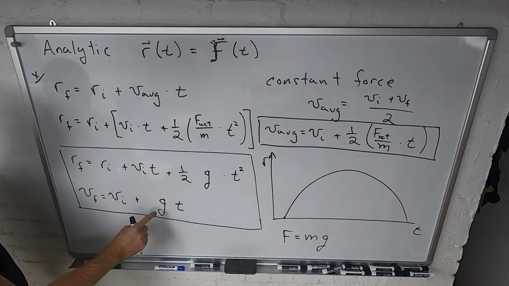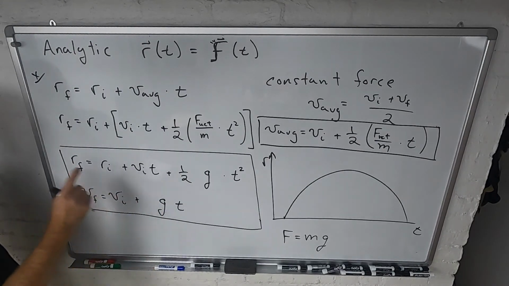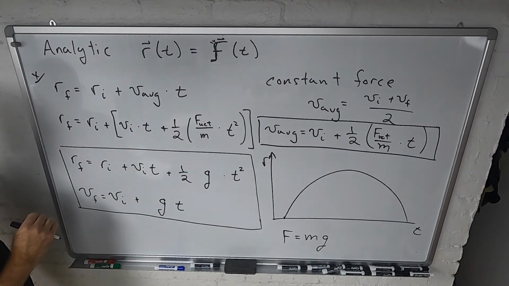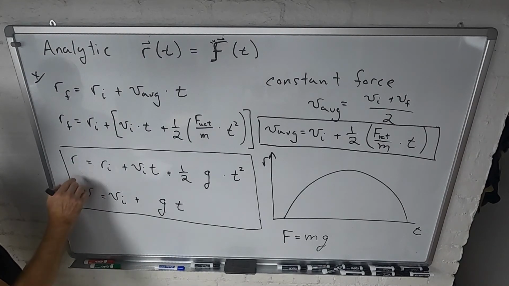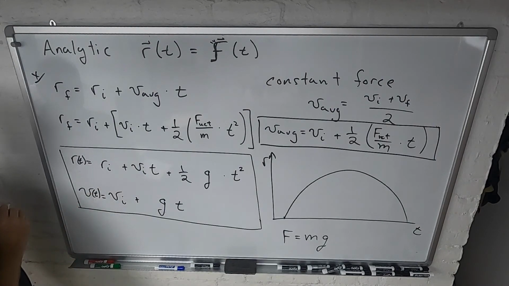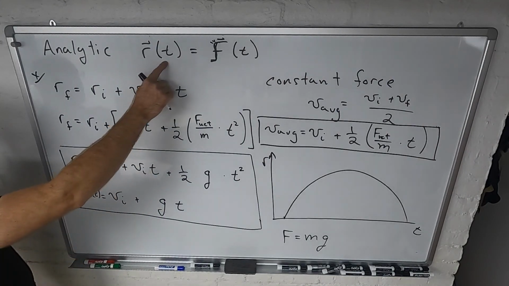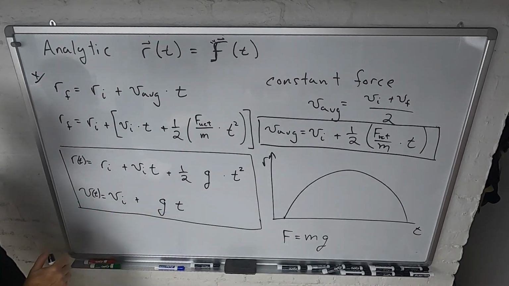Similarly, if I know what my force is, and I know my initial velocity, I can tell you the velocity for all time, which is pretty nice. So I can replace these finals with t's. At any point in time, because that was a specific point in time, for any point in time, I now have a function that tells me everything I need to know.